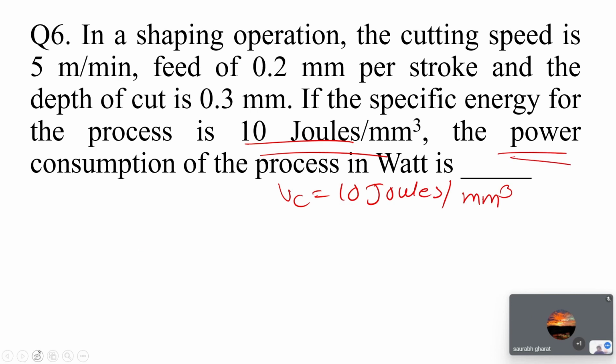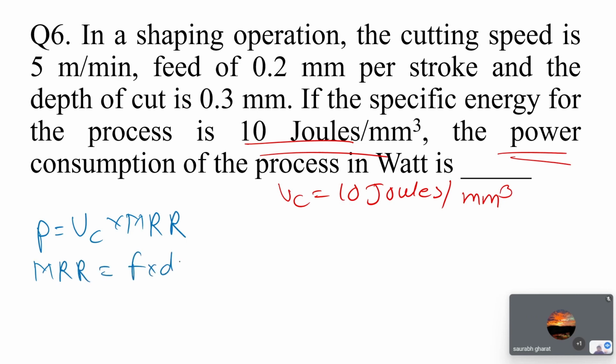What you need to find out here is MRR, because you know the formula for power: power is equal to UC into your MRR. And MRR is equal to your F, your D, into your VC. This is shaping, okay?